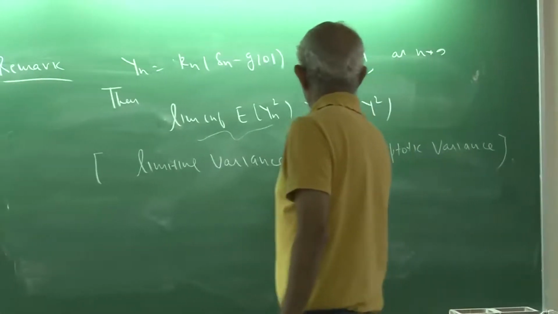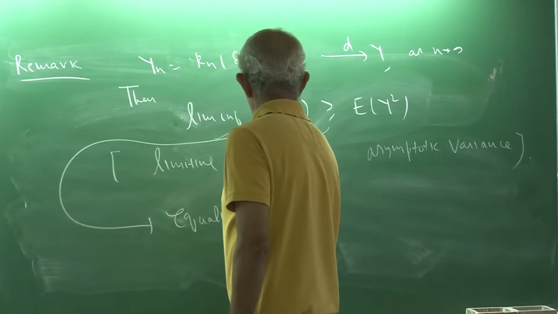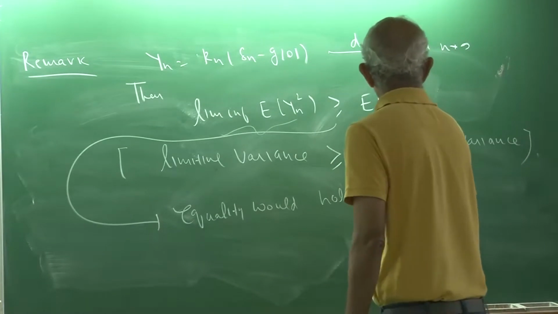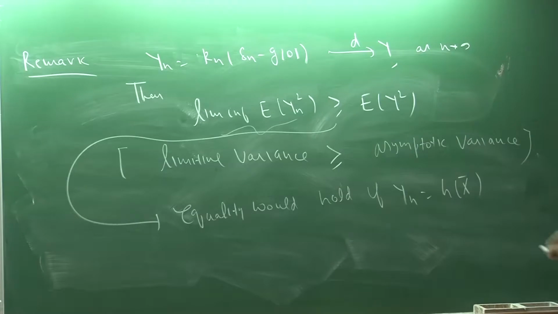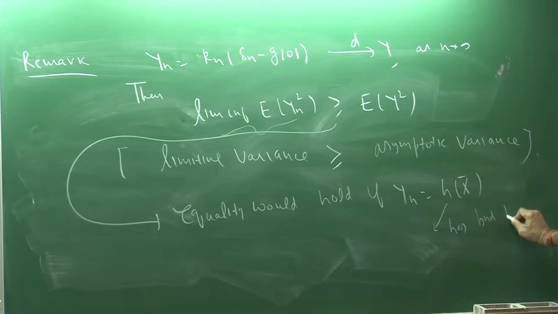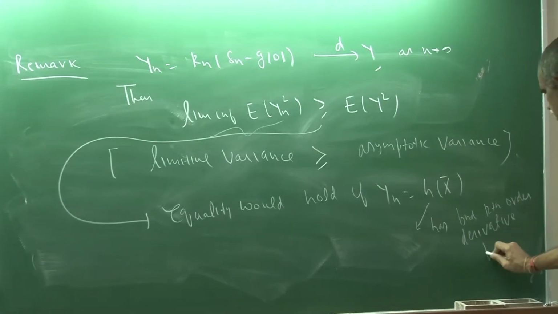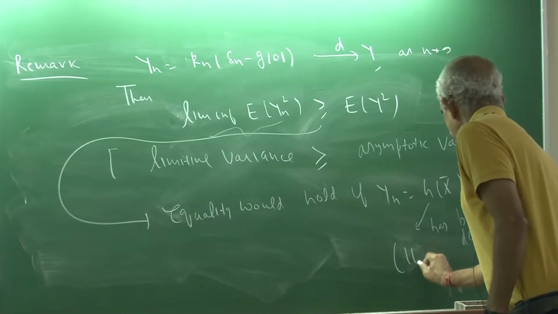Now the equality here would hold if Yn is some function of h of X bar, and this h has bounded kth order derivative for some k, of course in the IID case.